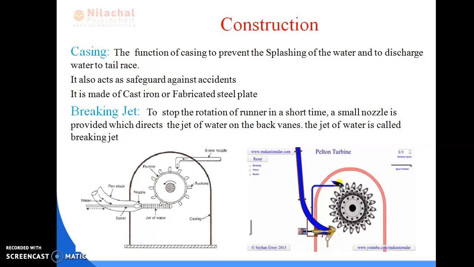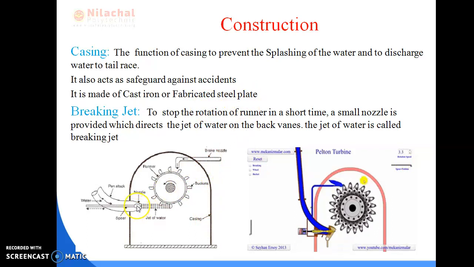For that case we are going to use a casing. The casing is made up of cast iron or fabricated steel plate. As shown in the diagram, this part is known as a casing, made up of fabricated steel plate.